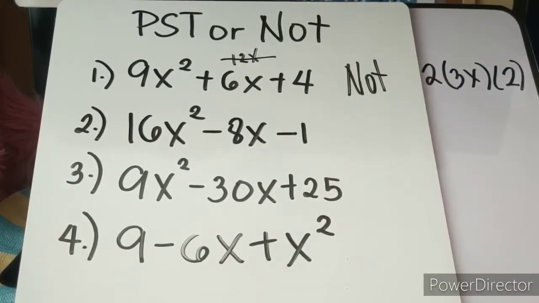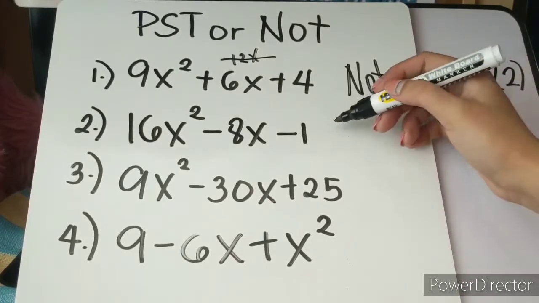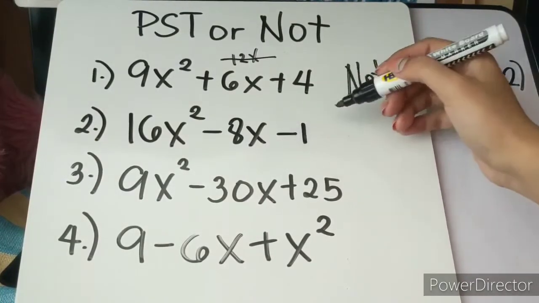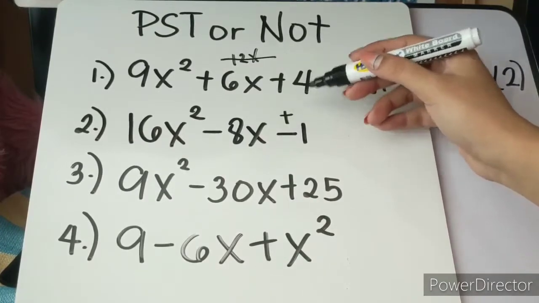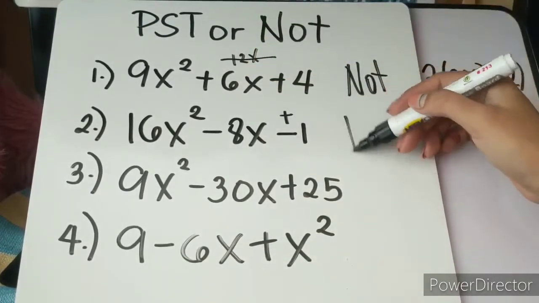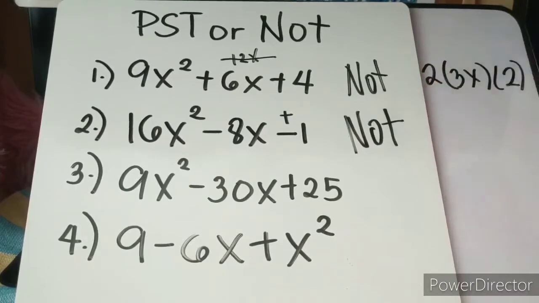Kasi po, a sign multiplied to itself will give us a positive sign. So, dahil negative to, kung positive to, PST. Pero dahil hindi, not na agad. We will not proceed anymore to check the middle term, kasi yung una pa lang, hindi na siya nag-satisfy.